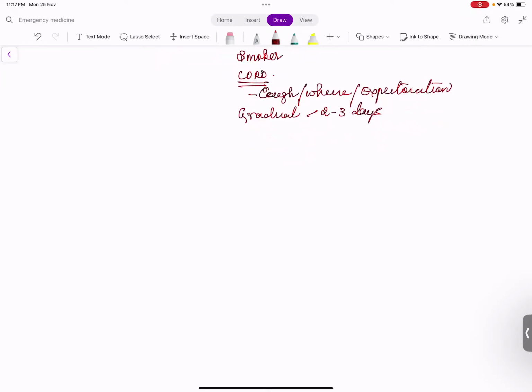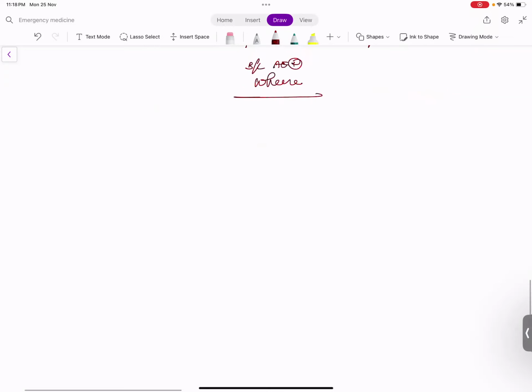On doing a targeted examination, trachea will be in the midline. They may have pursed lip breathing, as I mentioned already. They may have cyanosis. Bilateral air entry will be present. They may have bilateral wheeze on examination, and cardiac examination will be usually normal. ECG, I think nothing much specific will be there.